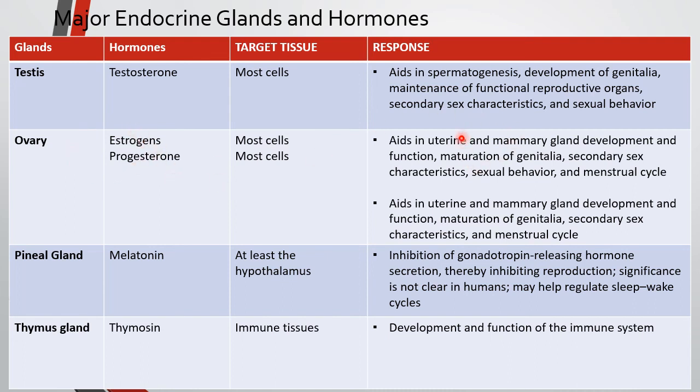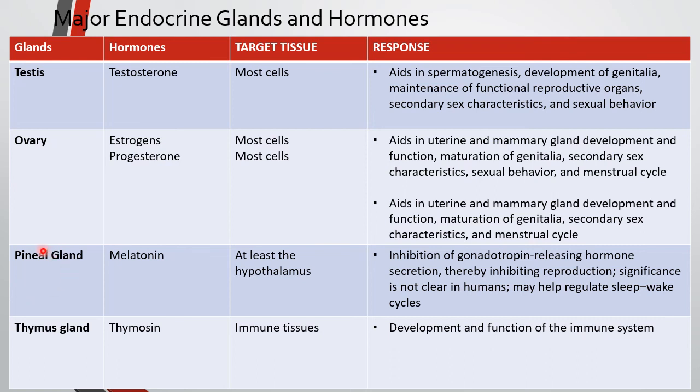So, these are for the uterine and mammary gland development, the sexual characteristics of a female. And then, the menstrual cycle, siya din yung mga key hormones involved. And then, it also will have an effect on the maturation of the genitalia.